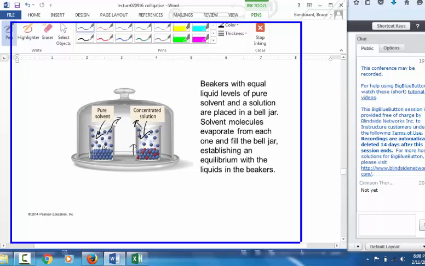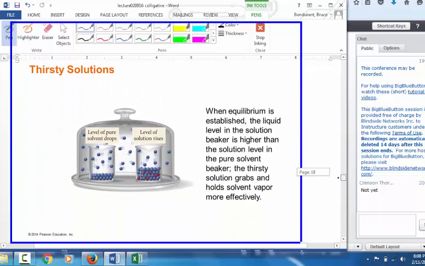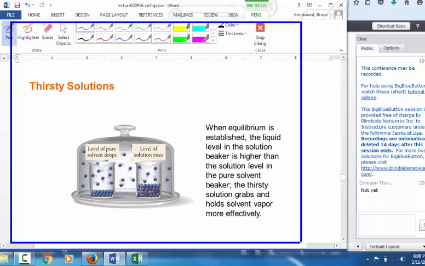You can think of it as the water trying to make the concentration of the solution in this beaker the same as the one in the other. In other words, zero concentration.